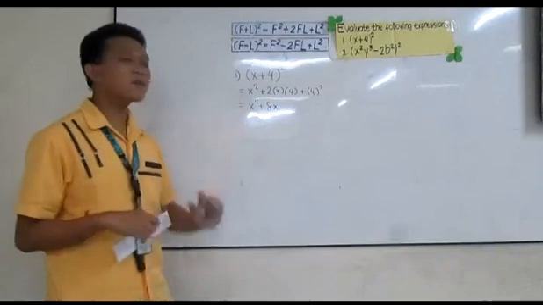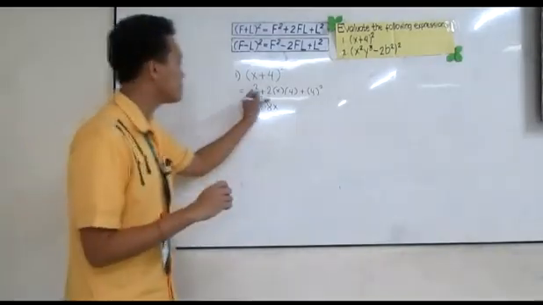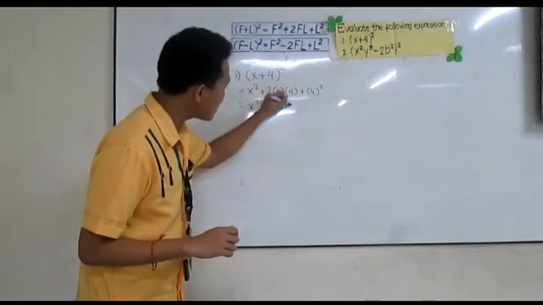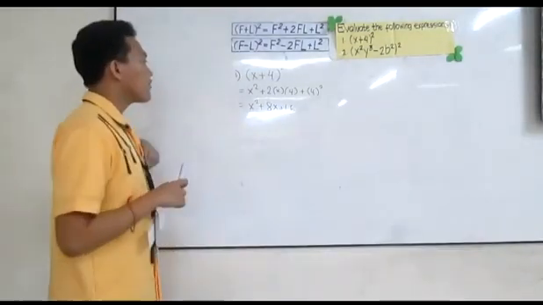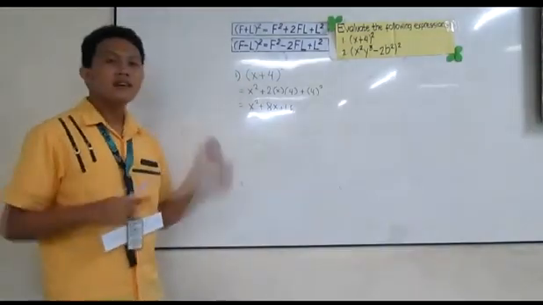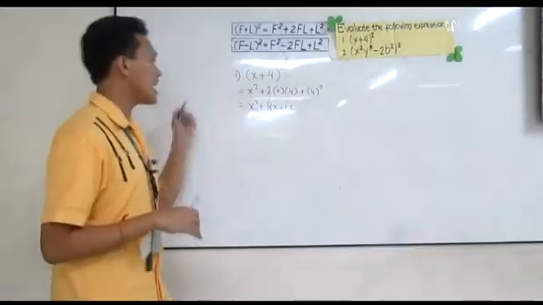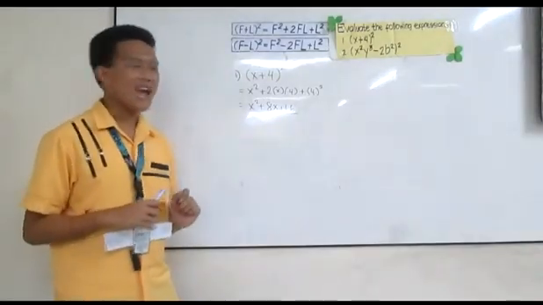Lastly, 4 raised to the power of 2, or 4 squared, is 16. So our final answer in example number 1 is x squared plus 8x plus 16.